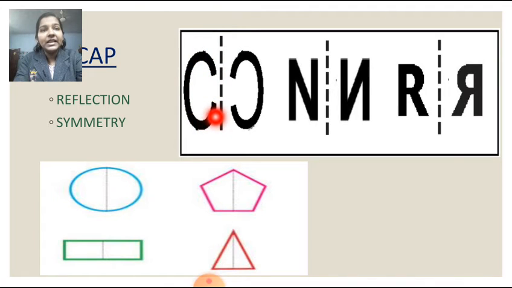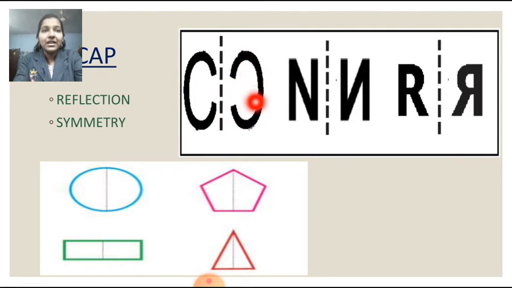Here the letter C is placed in front of a mirror and this dotted line shows the line of reflection. This is the line of reflection and this one is the reflected image.